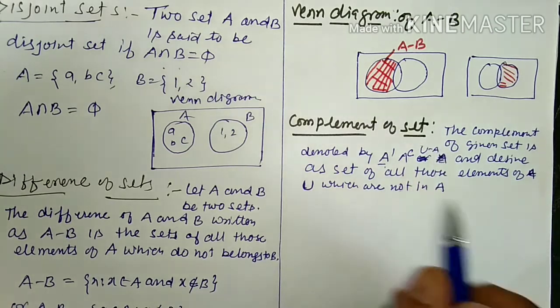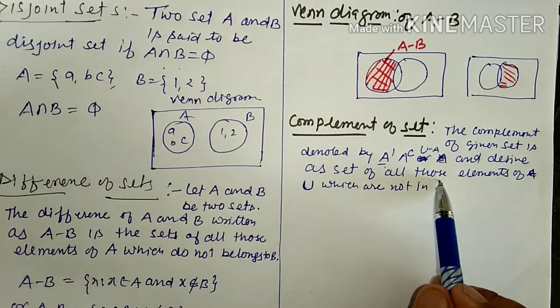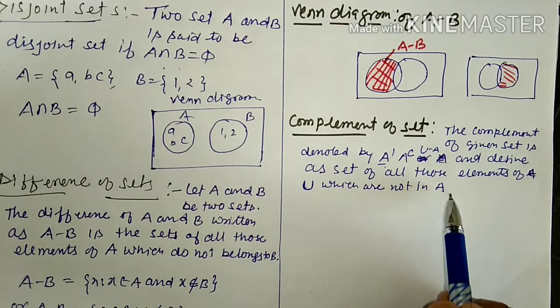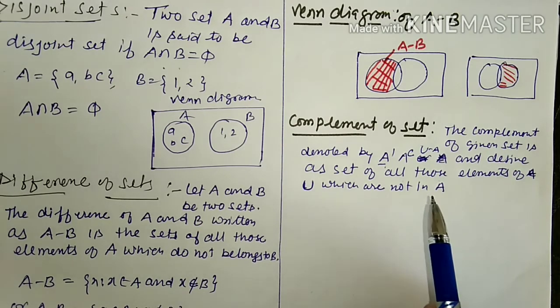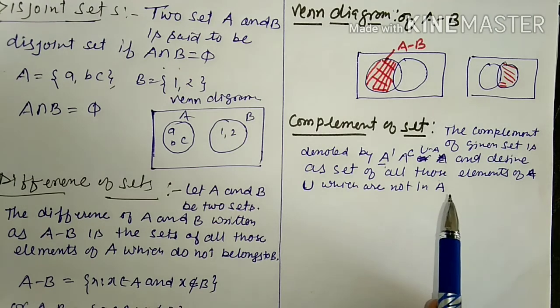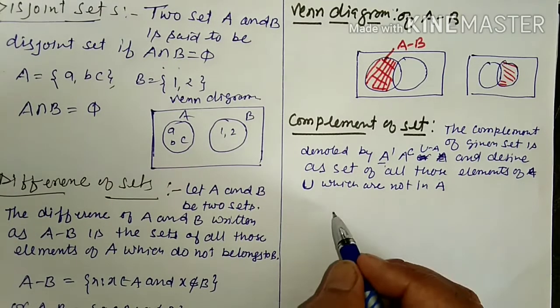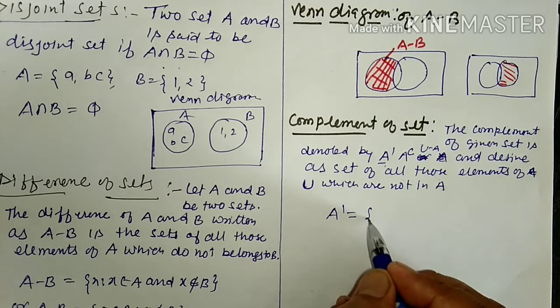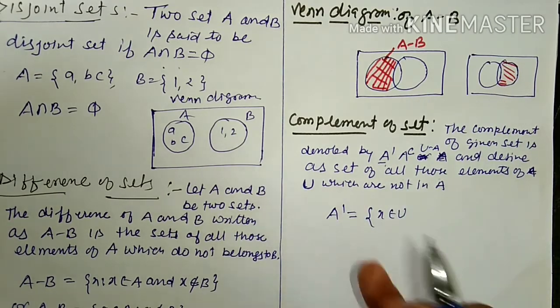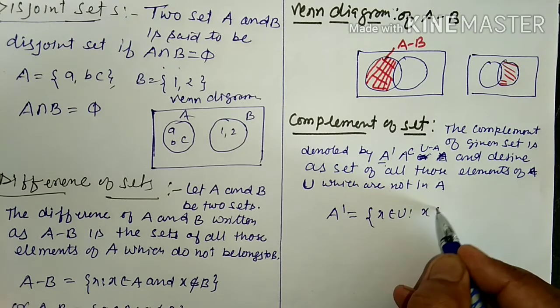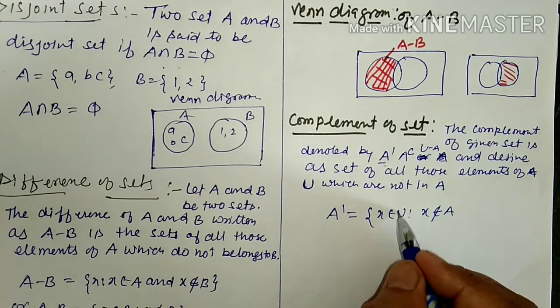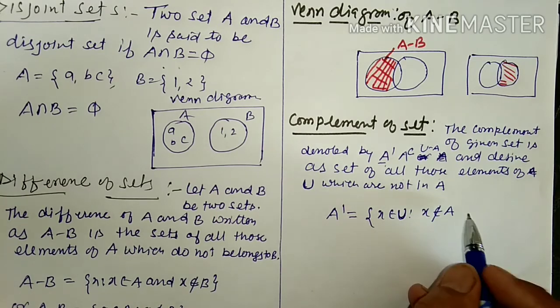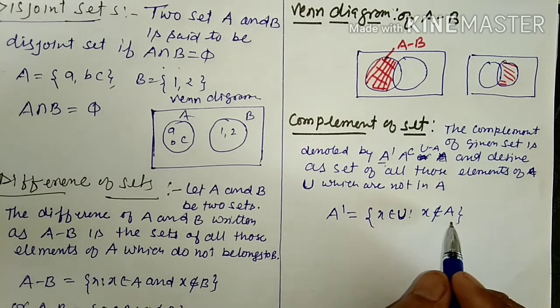U minus A, defined as the set of all those elements of U which do not belong to A. Means A complement is the set of all those elements which do not belong to A. क्लियर? जो A में नहीं होंगे उसके अलावा जितना भी हम सेट बनाएंगे वो कॉम्प्लीमेंट होगा. क्लियर? So A dash is equal to x belongs to the universal set, sorry, and x does not belong to A. X किसको बिलोंग करेगा? सेट कलेक्शन यूनिवर्सल सेट को, बट x does not belong to A. Clear?